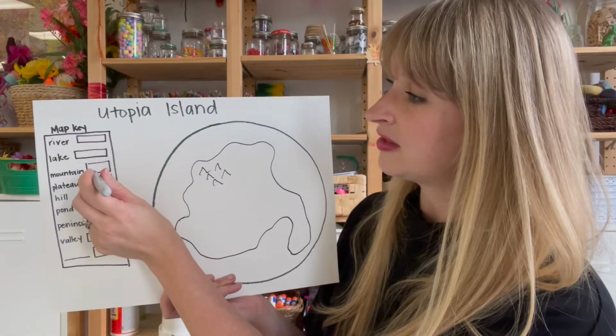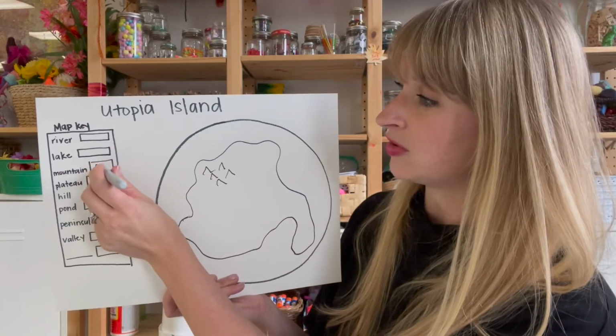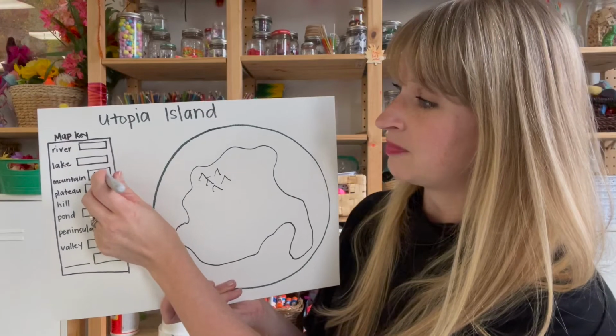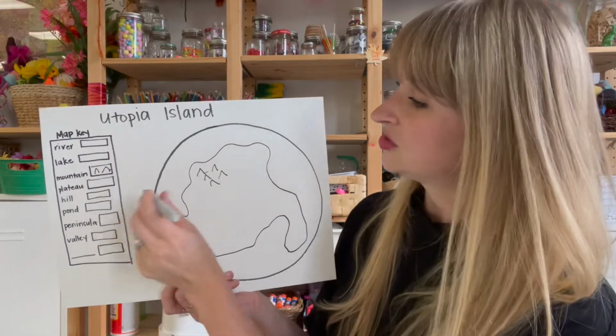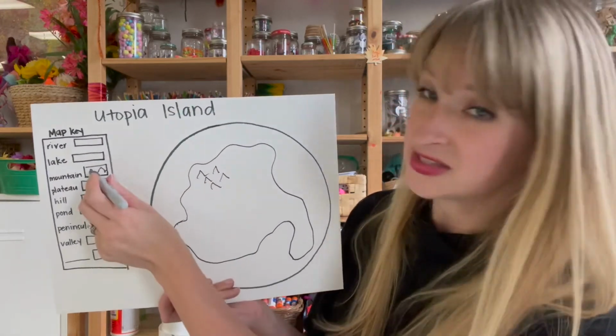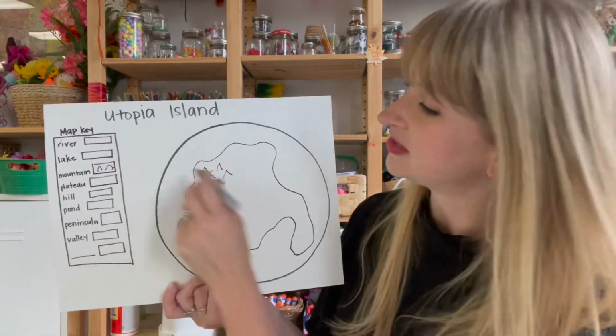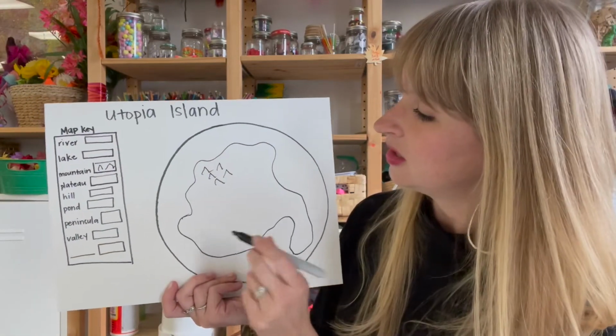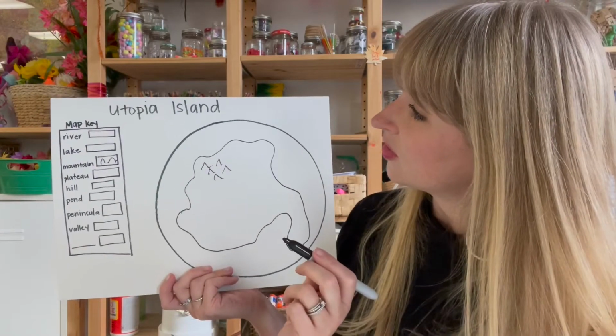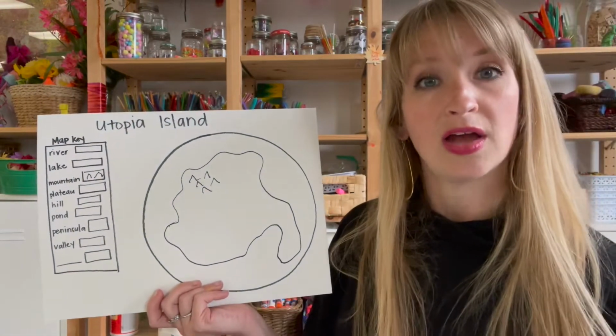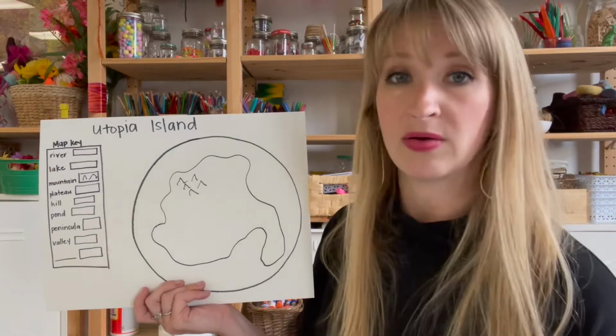Now over here in the key, I am also going to put the parts of the triangles, so that looking at this, they could come find the same symbol over here and quickly say, oh, okay, that's definitely a mountain. Another thing that I really like to do, I grew up in Colorado and we would go whitewater rafting.